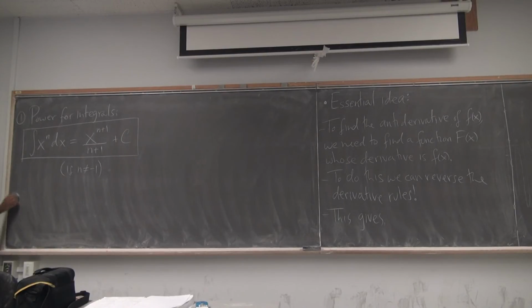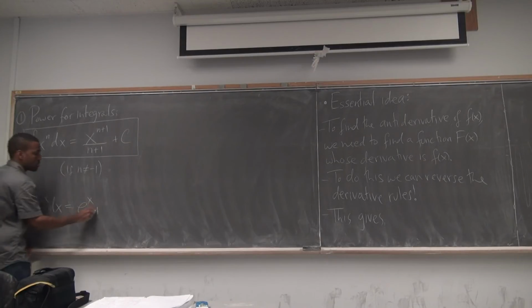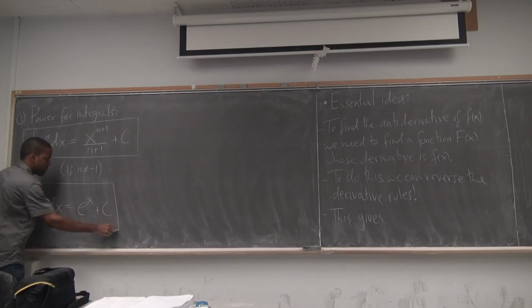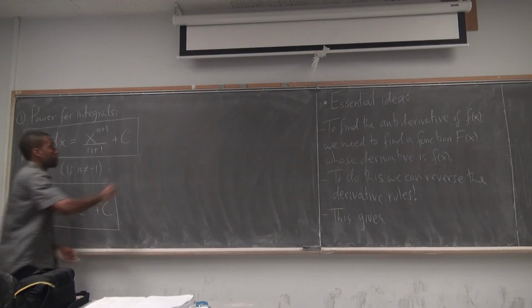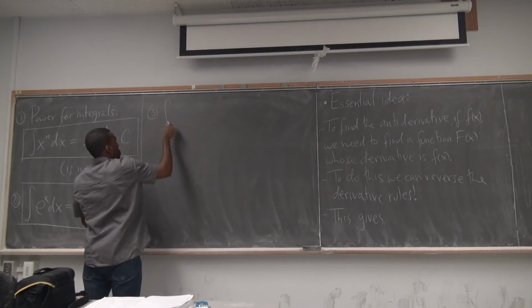Another rule that we know is the antiderivative or integral of e to the x. What's that going to be? E to the x, because if I take the derivative of e to the x, I get e to the x. I have this rule as well.